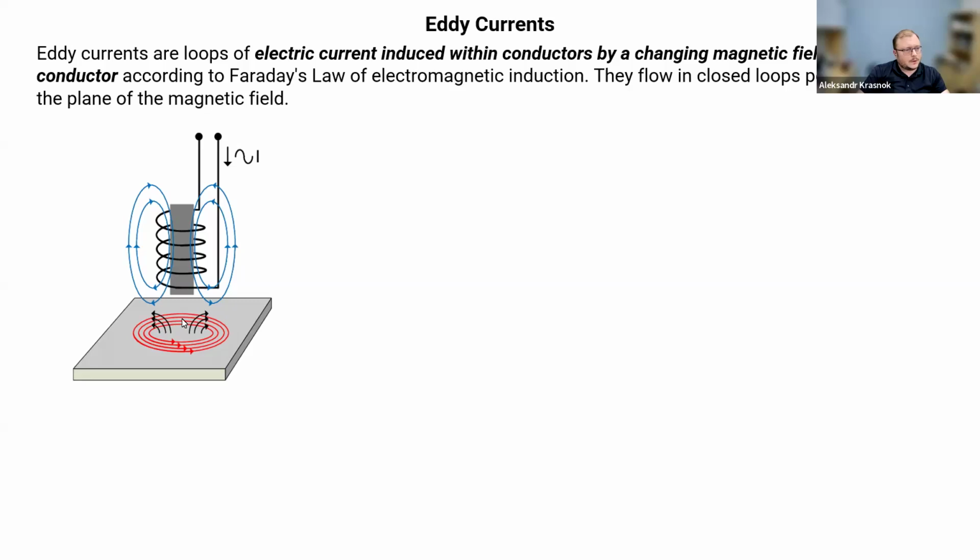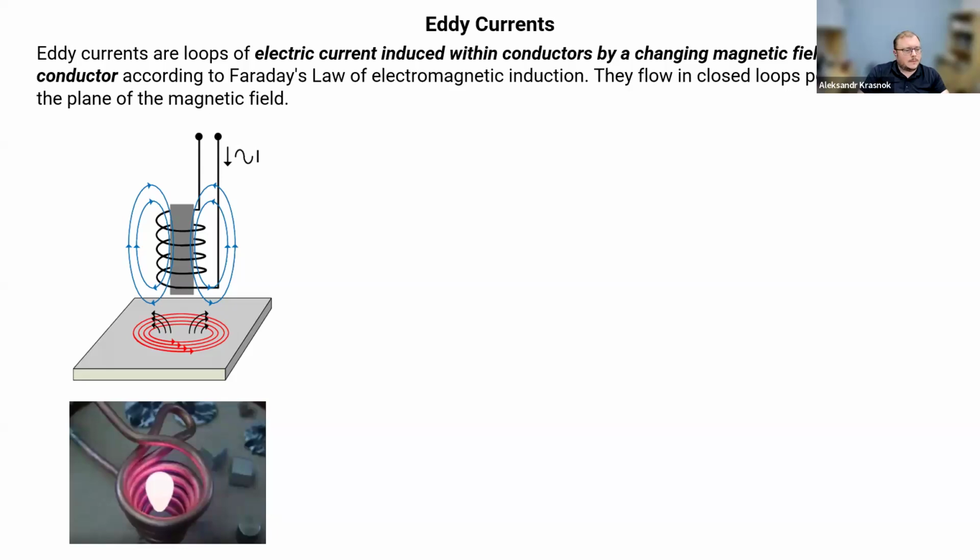And this magnetic field creates the curl of current in this metallic object. This effect can have positive and negative consequences.